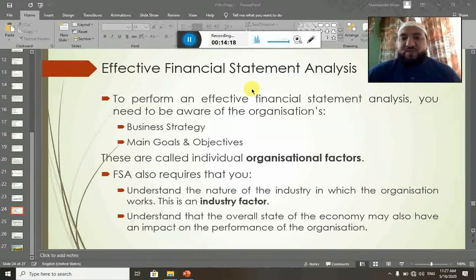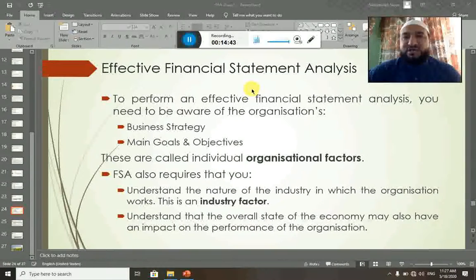So to perform an effective financial statement analysis, you need to be aware of the organization's business strategy, main goals and objectives. If you want to analyze the financial statements of Salam University, for example, you have to first understand the business strategy of Salam University, and then its main goals and objectives.